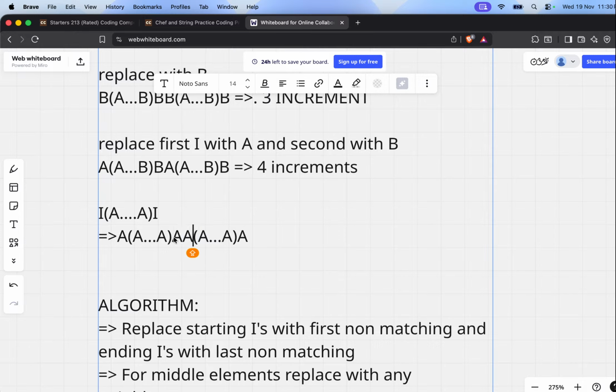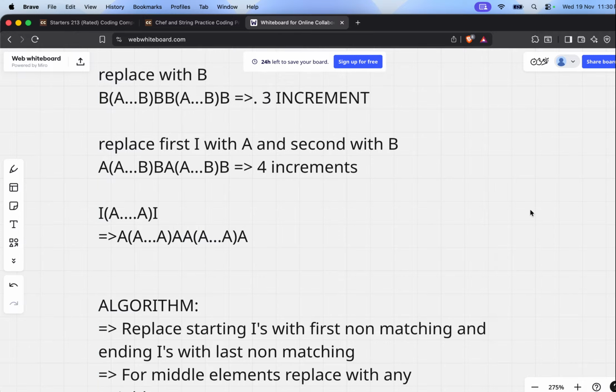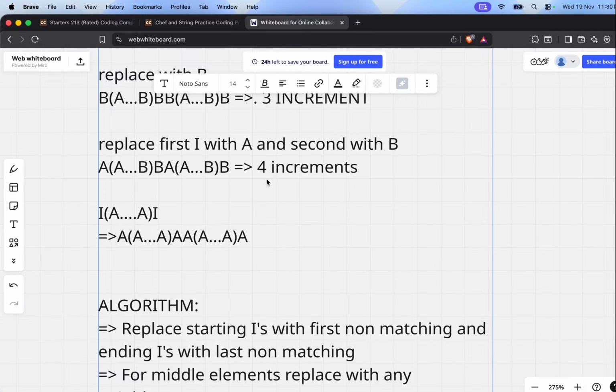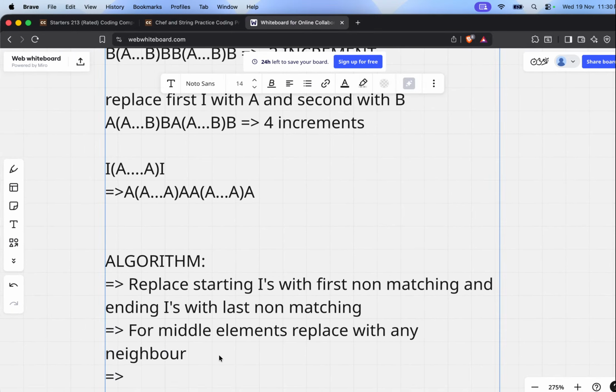Okay, so there is an extra score increment because of this particular condition.